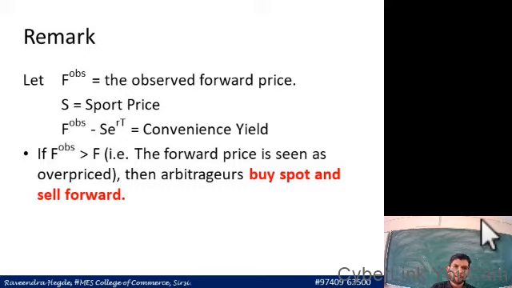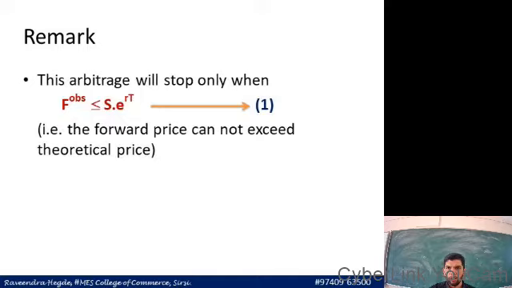The arbitrageurs buy spot, wait for some time and sell forward. This arbitrage will stop only when the observed F is less than or equal to the theoretical price S into e raised to RT.